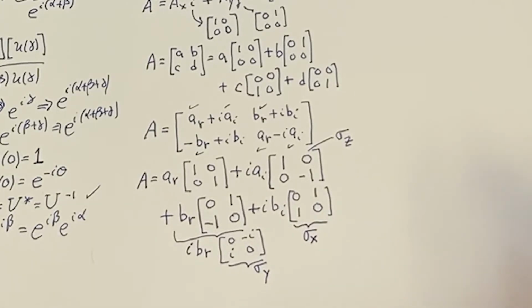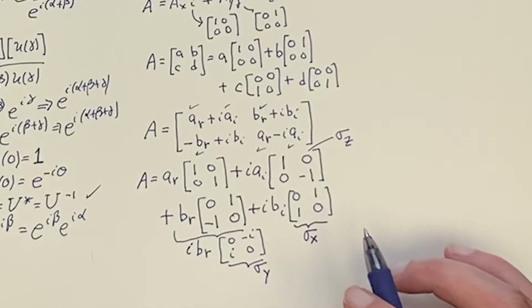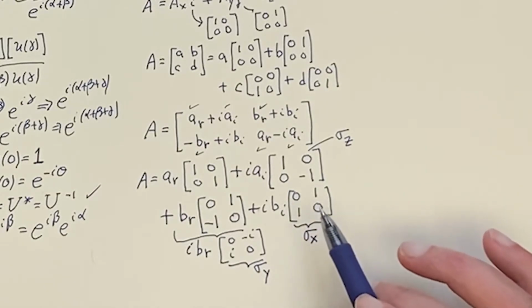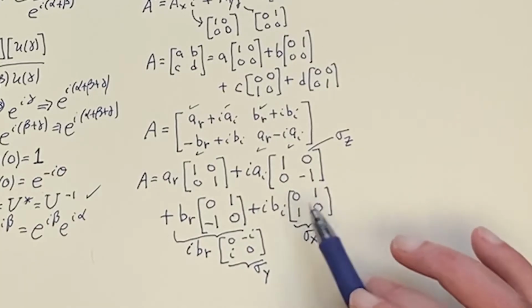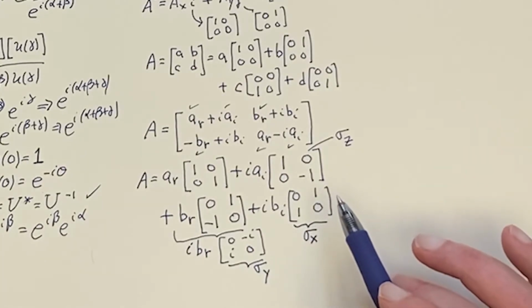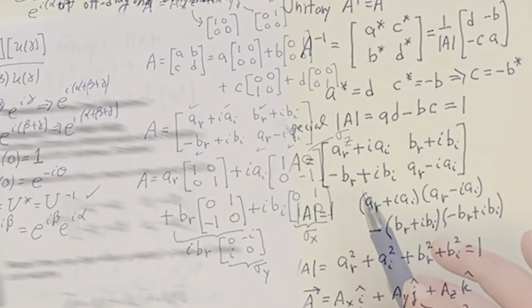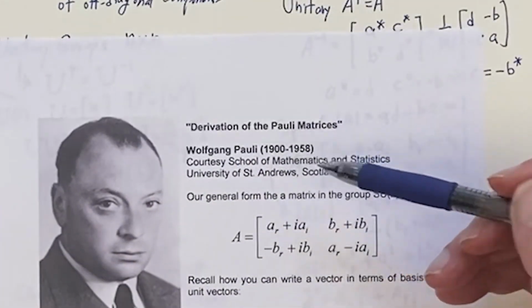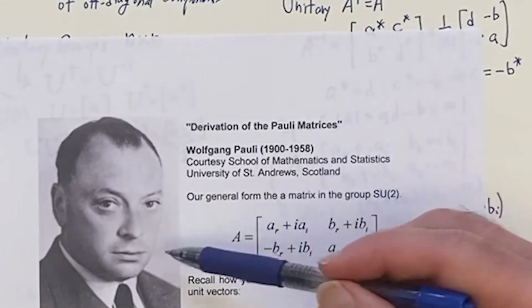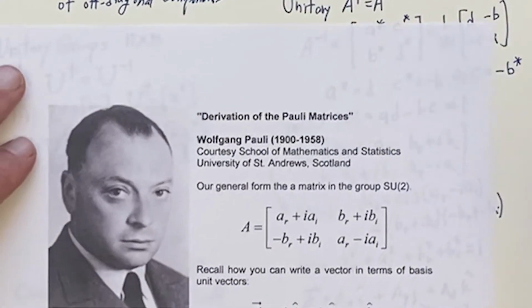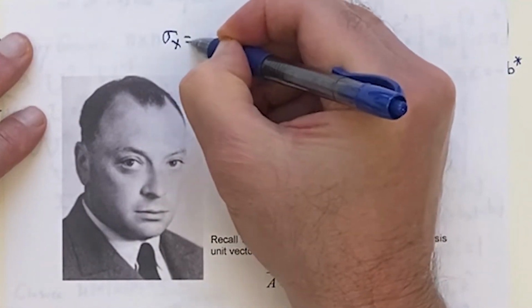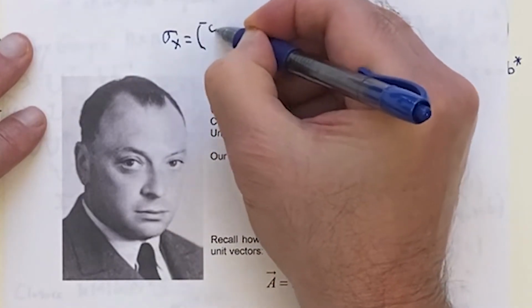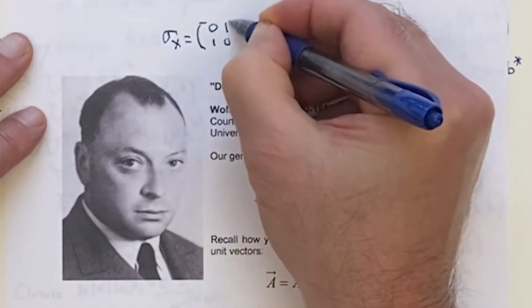Now, I would have loved to have seen this when I was a student, because I have just shown you a natural way to get the Pauli matrices. These matrices are named after Pauli. There he is, Wolfgang Pauli. And the Pauli matrices, go ahead and write them down again. This one here, sigma x, 0, 1, 1, 0.